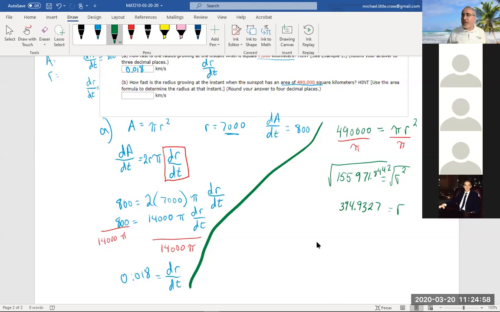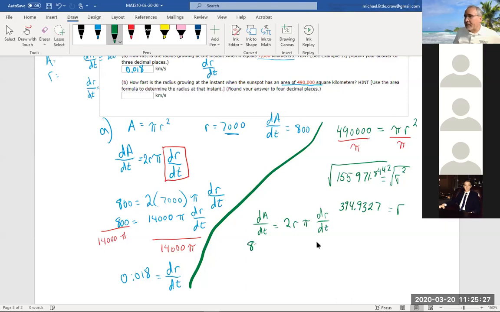Okay. So again, now this is just going to be like we did over here. We're going to use the implicit derivative of the area formula. So let me just rewrite that. We're going to have dA/dt equals 2 pi r times dr/dt. All that's changed is that dA/dt is the same.